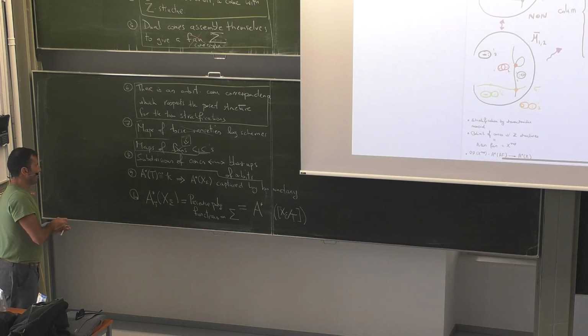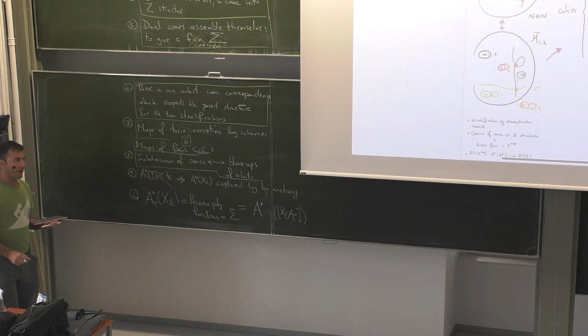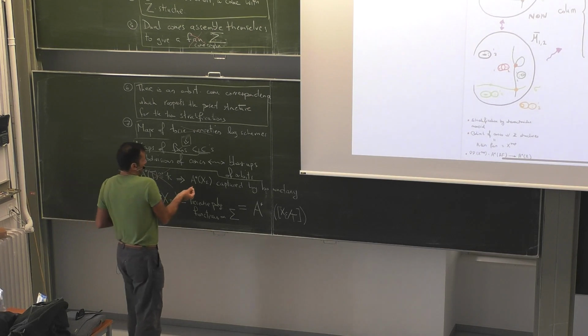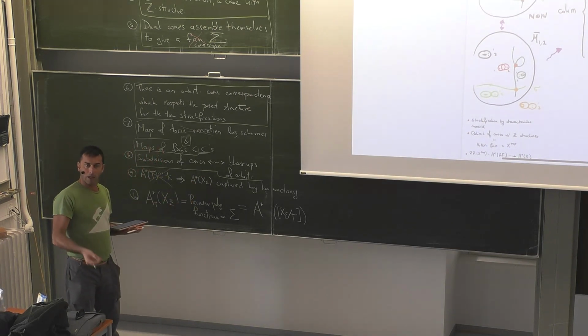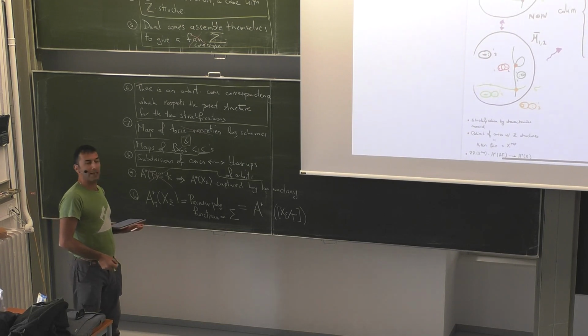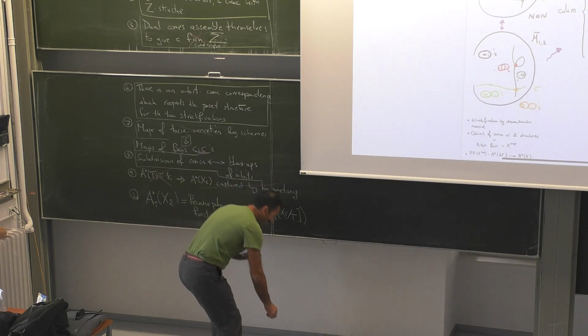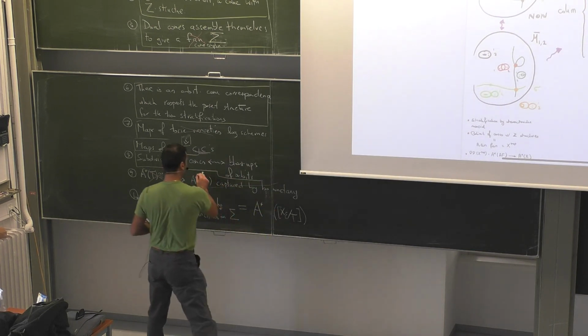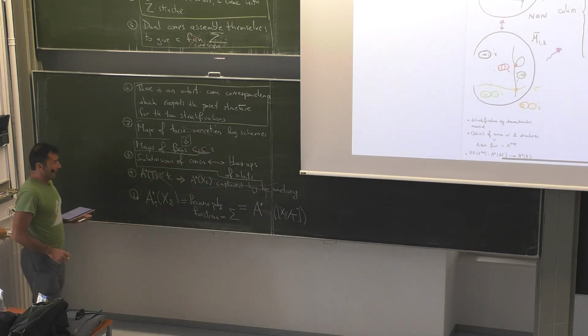It's certainly no longer true that the interior has trivial intersection theory, and it's certainly no longer true that the Chow ring of a log scheme is completely captured by the boundary, but part of it is.